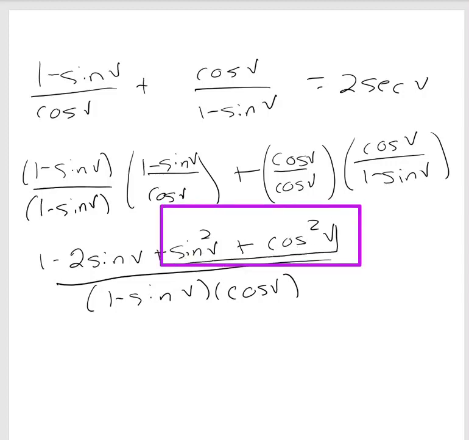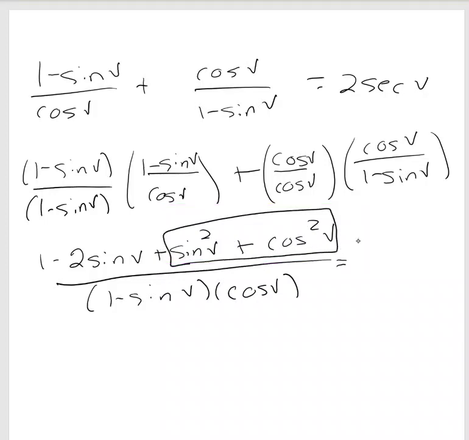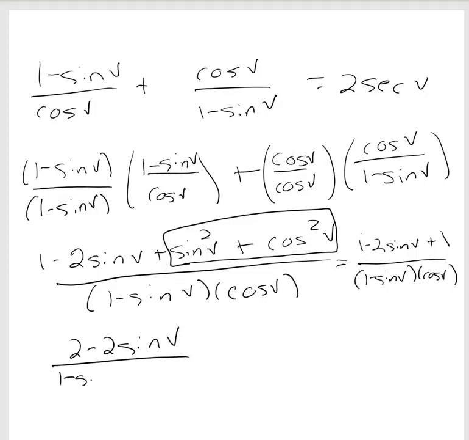Well, we know sine squared plus cosine squared is equal to 1. So I'll make that 1 minus 2 sine v plus 1, and then leave the denominator, (1 minus sine v) cosine v. Well, 1 and 1 is 2, so now I have (2 minus 2 sine v) over (1 minus sine v) cosine v. This 2 is in common, so let's take that out.